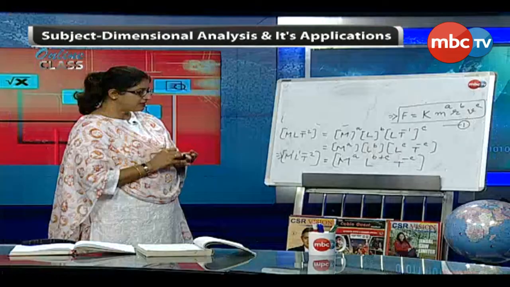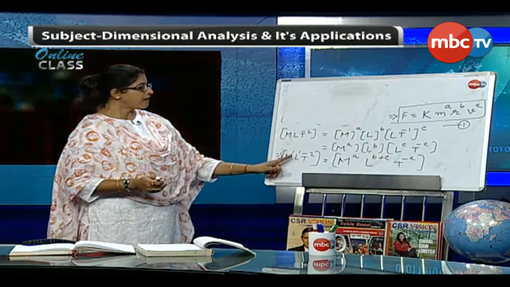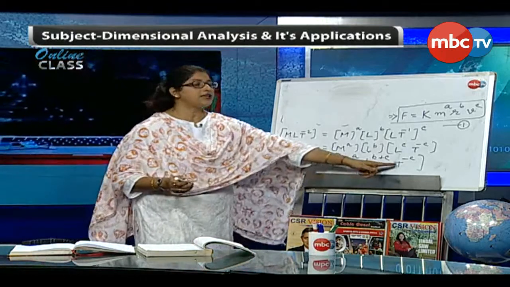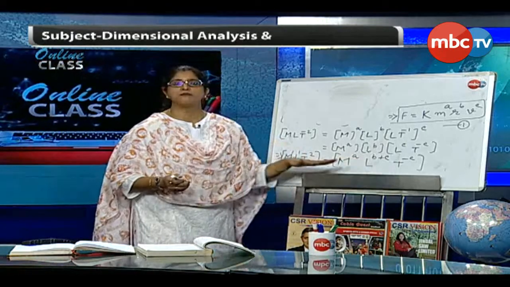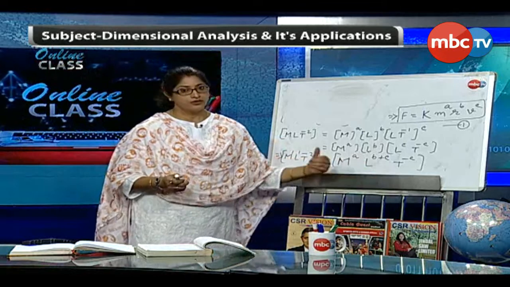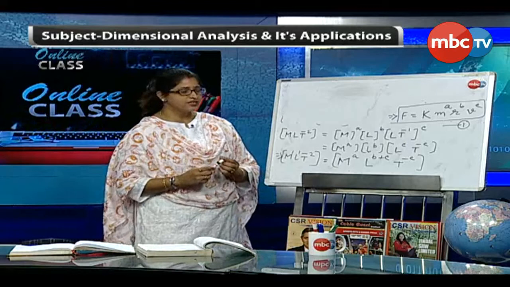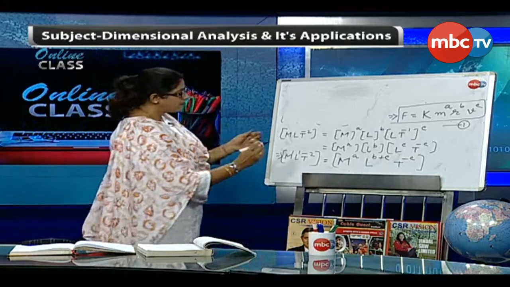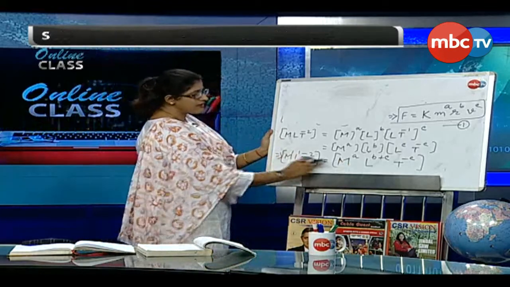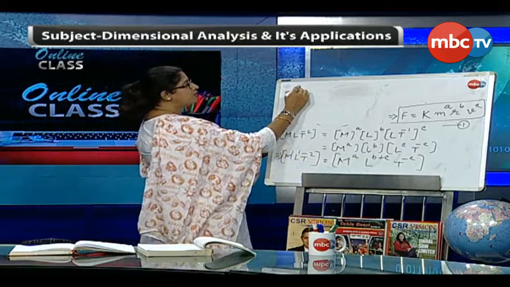Now just see this equation. M L T on both sides, the bases are the same. When the bases are the same, the exponents will be equal. So you can equate the exponents, the powers. For M, the base is the same, so a is equal to 1.